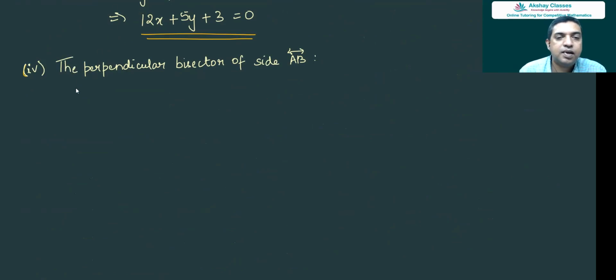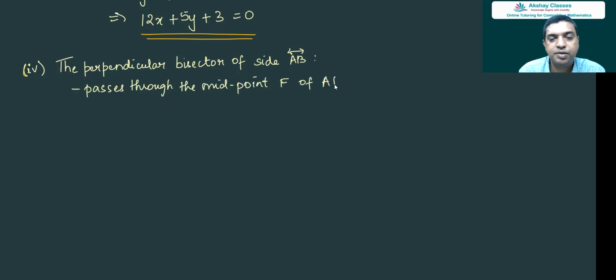So the perpendicular bisector of side AB passes through the midpoint F of AB and is perpendicular to AB.